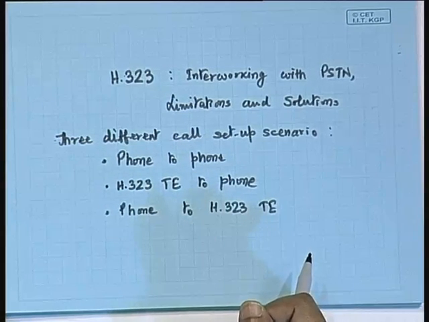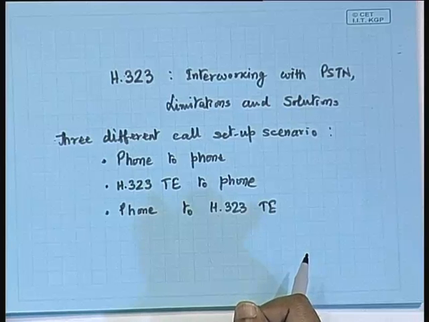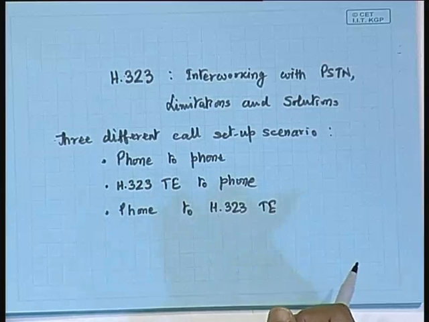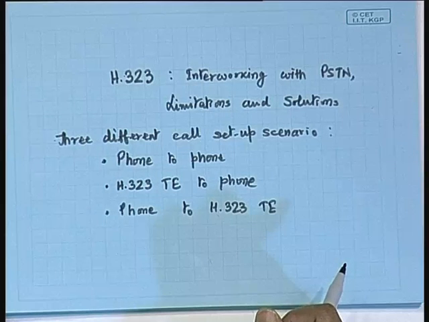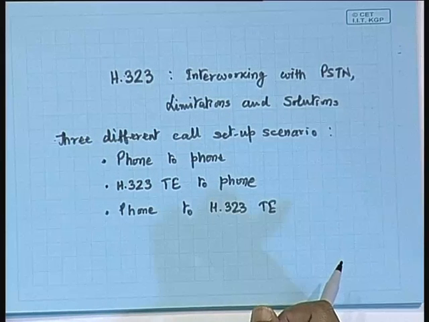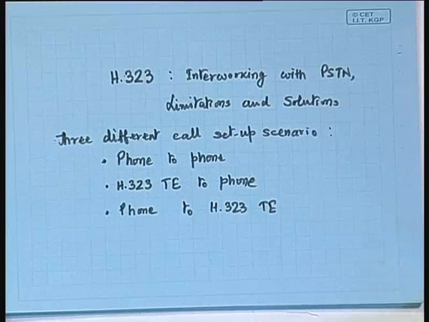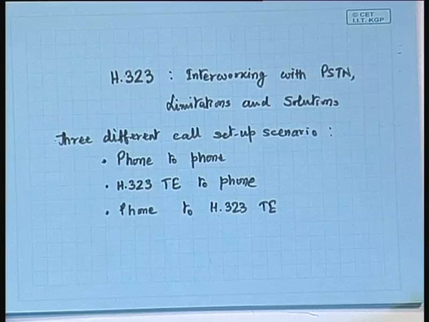In fact, when it is H.323 TE to another H.323 TE, we are not at all involving the PSTN in any way. It is entirely within the IP, and there H.323 definitely caters for that, but the interworking is not an essential requirement.